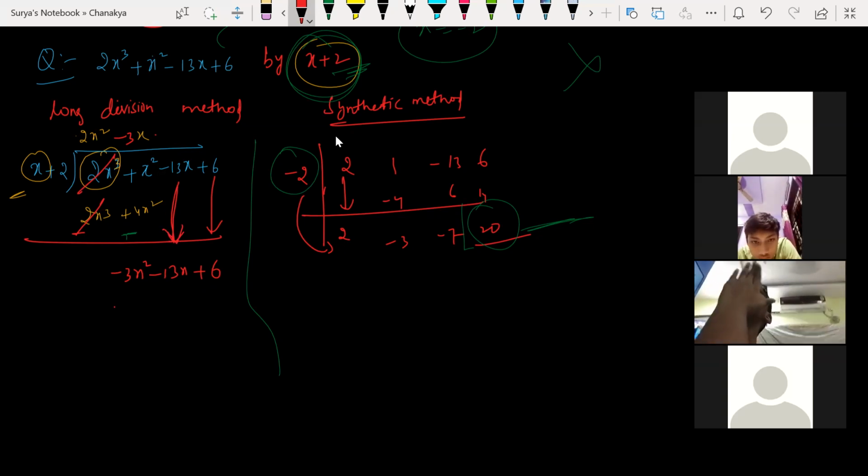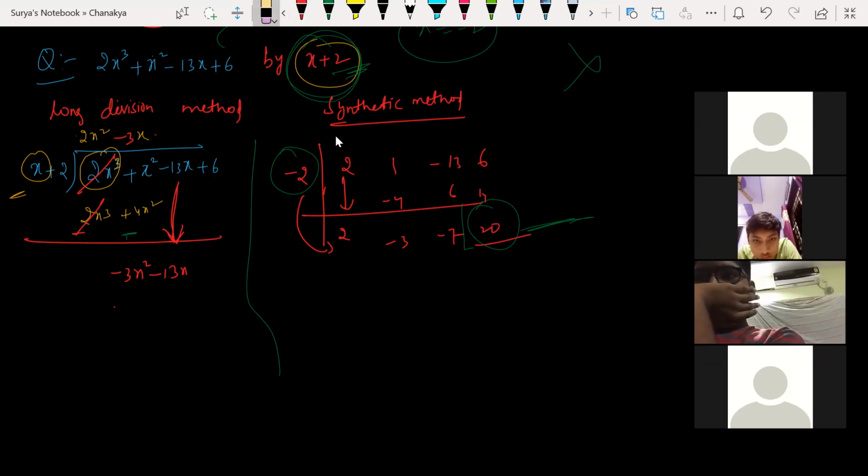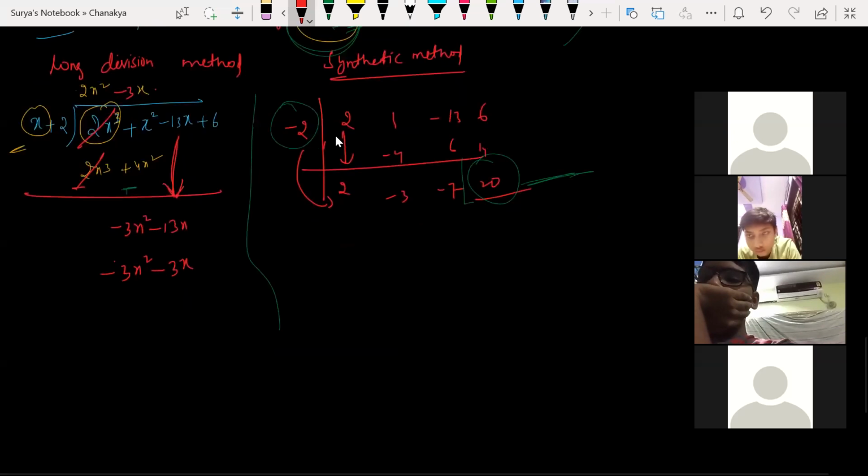Nothing will happen. If you write, doesn't matter. If you're not writing also, no problem. Yeah, let us write. You can carry it out here. So minus 3 into x, minus 3x square, minus 3x into 2, minus 6x.